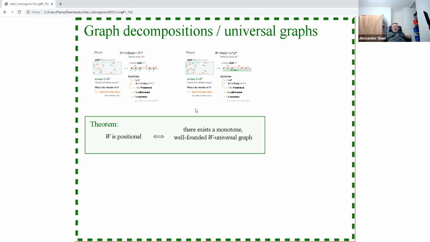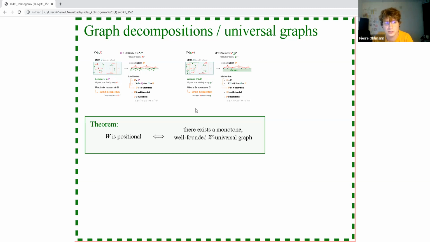And if you argue about parity games, for example, the statement doesn't involve any ordinals at all. But you are saying that they appear in a natural way. Yes, if you look at their proof, they have these tuples of ordinals, and this is the universal graph.